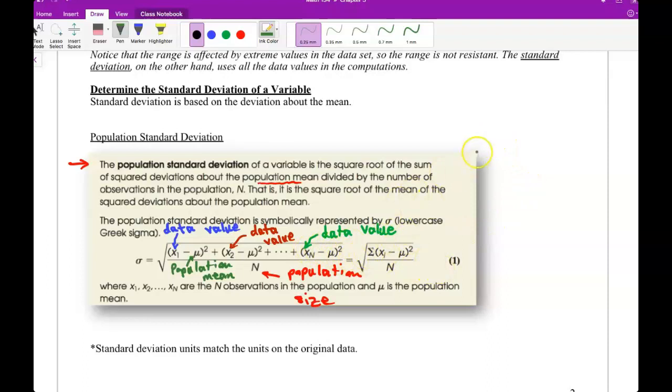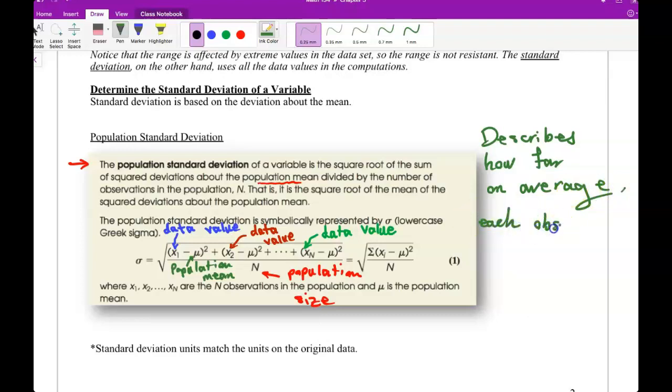Okay, so this one describes how far on average each observation is from the typical value.